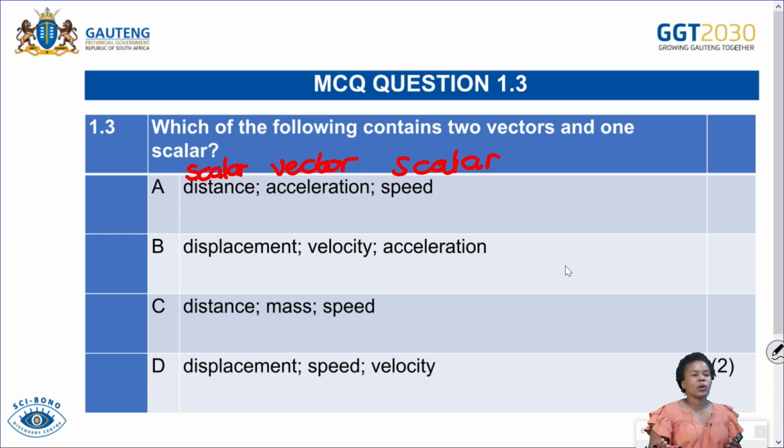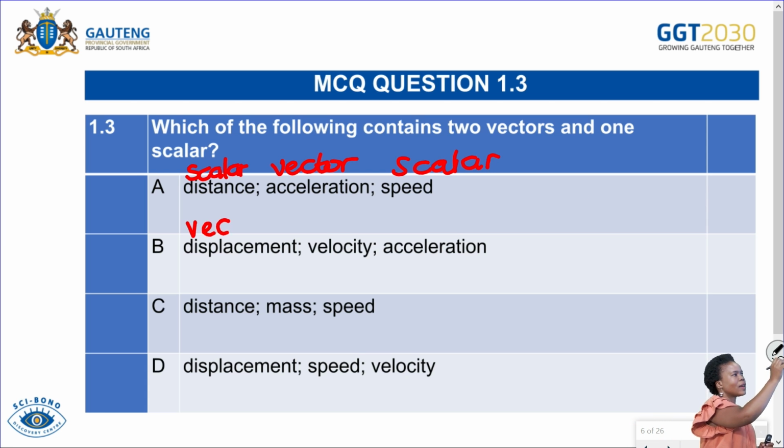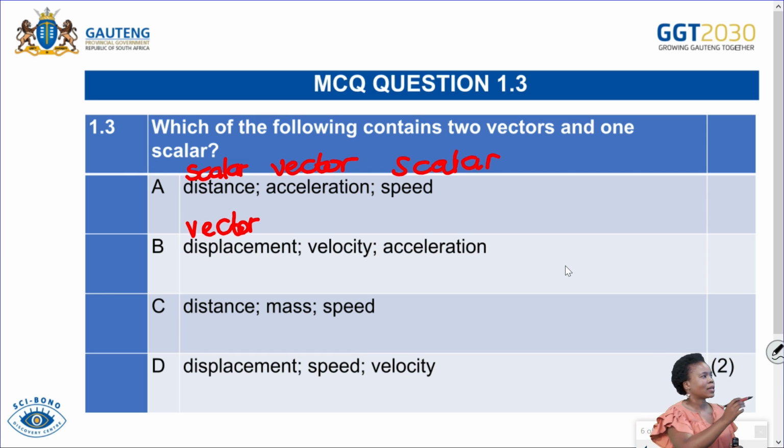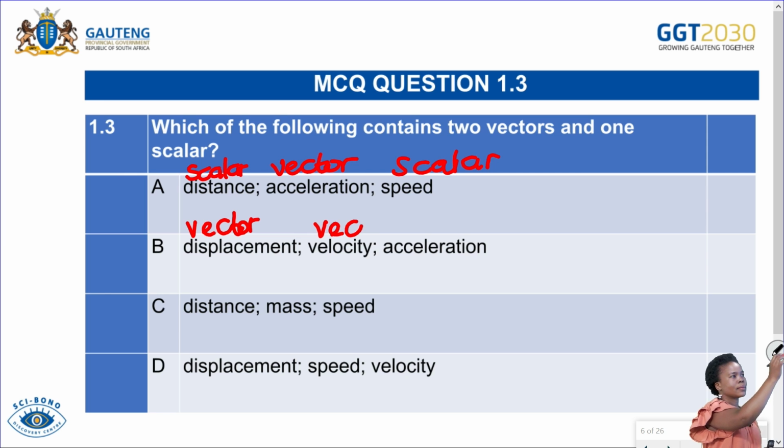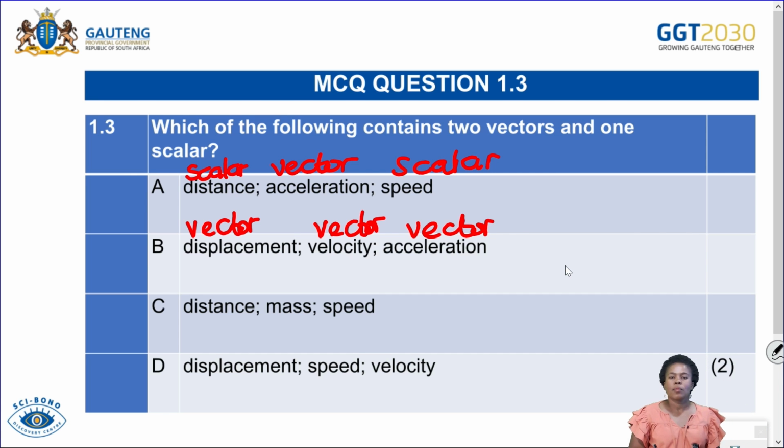Then we go on to the second option. We determine each one by one whether it is a scalar or a vector. We categorize it. Displacement, this one is a vector. Velocity is a vector. Acceleration is a vector. Moving on to option C: distance is a scalar.